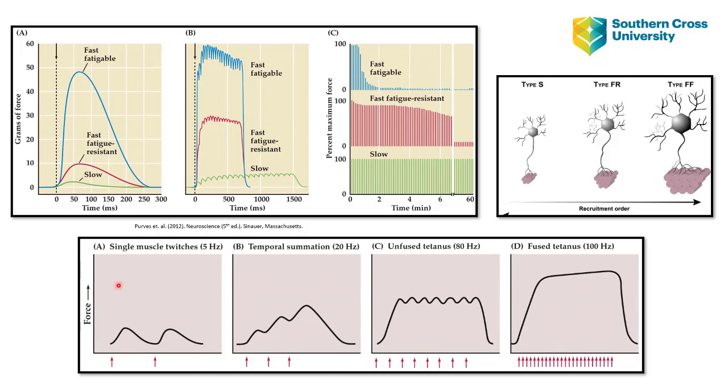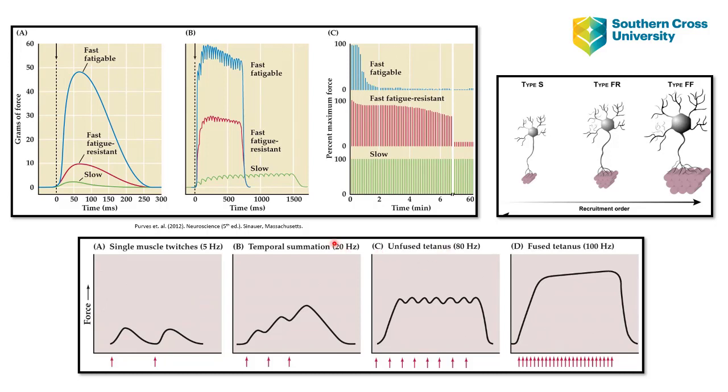So we know that with single muscle twitches, 5 hertz frequency means that 5 times per second we're seeing a stimulus coming in and hitting that alpha motor neuron, going down to the muscle, and it causes a twitch. At 5 hertz, typically what we're going to see in a motor unit is excitation, then muscle contraction, and then a relaxation.